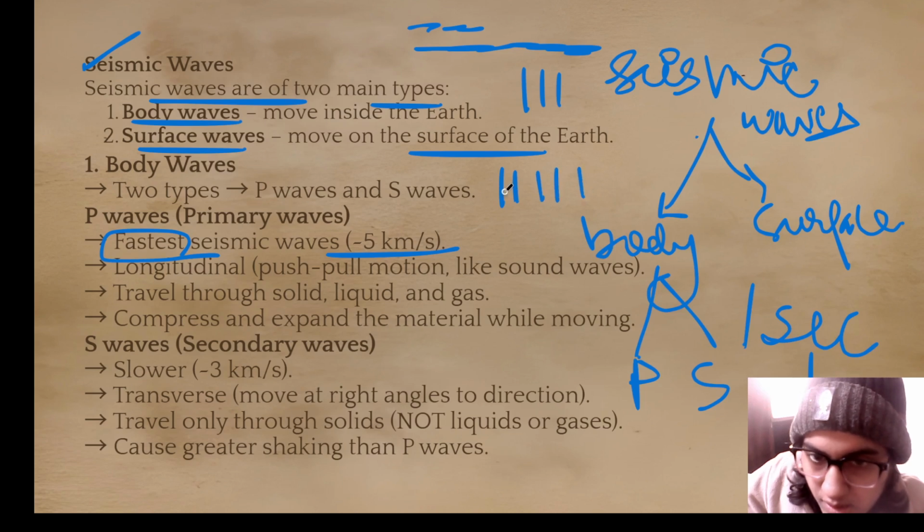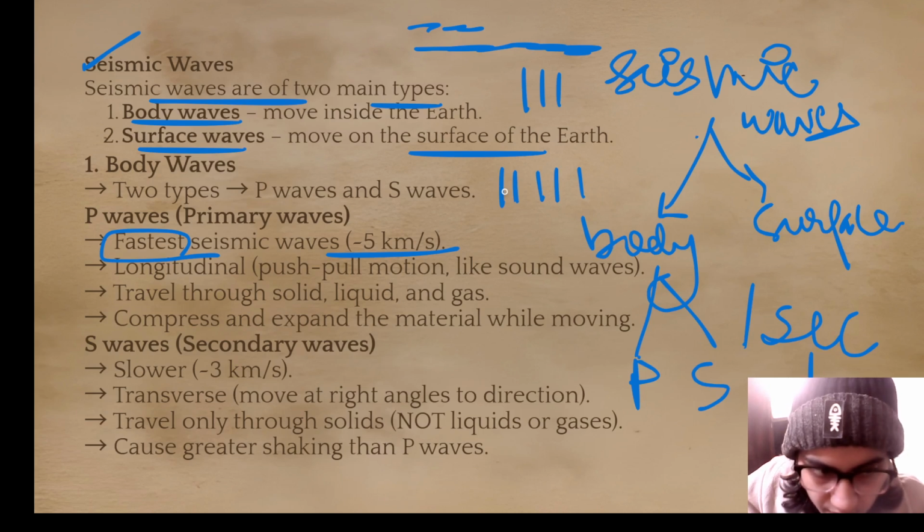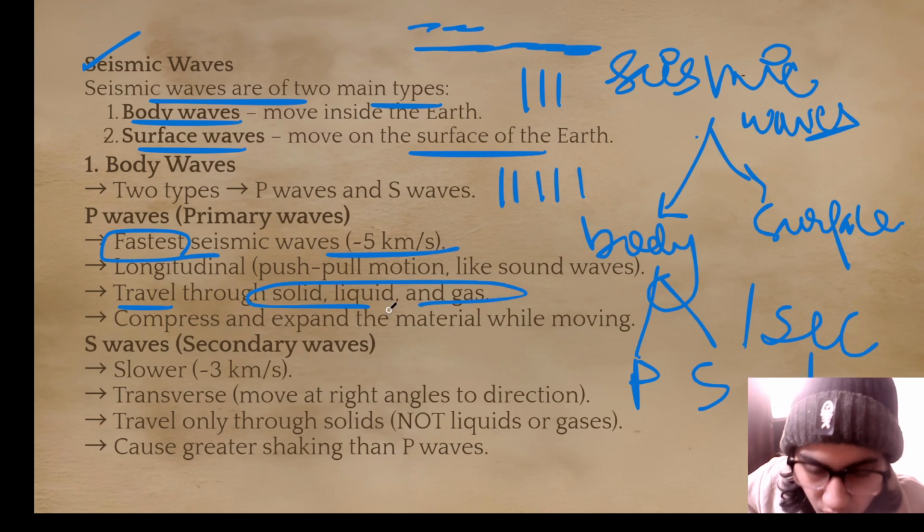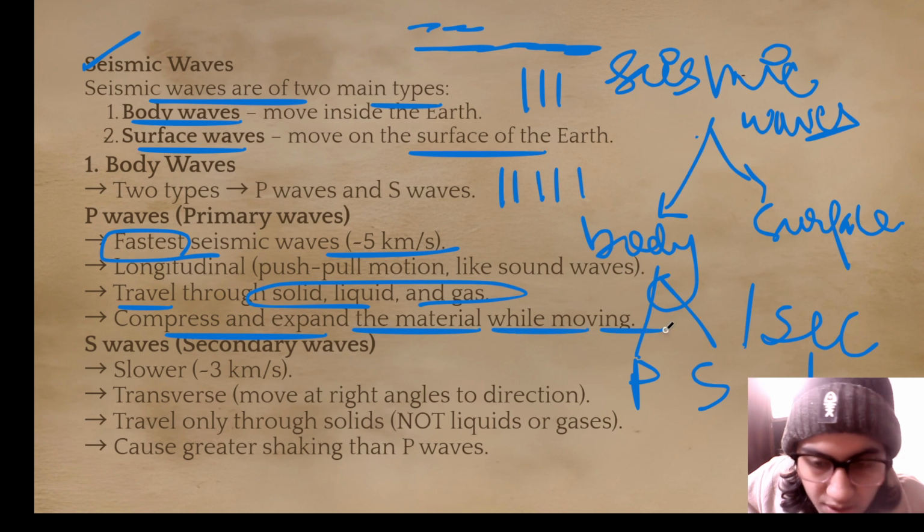These lines hit each other back and forth. That's how sound waves travel, and P waves travel in a similar way. It travels through all the mediums: solid, liquid and gas. It compresses and expands the material in which it is moving.